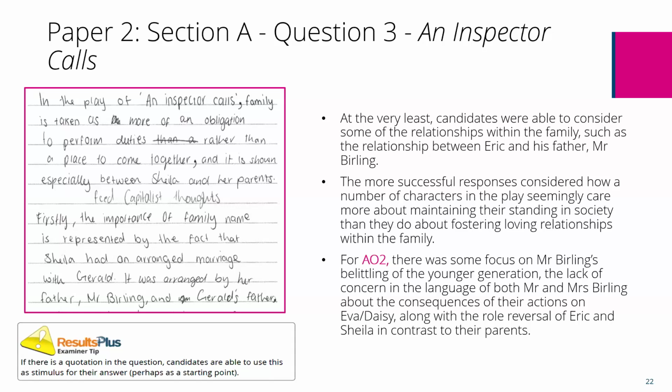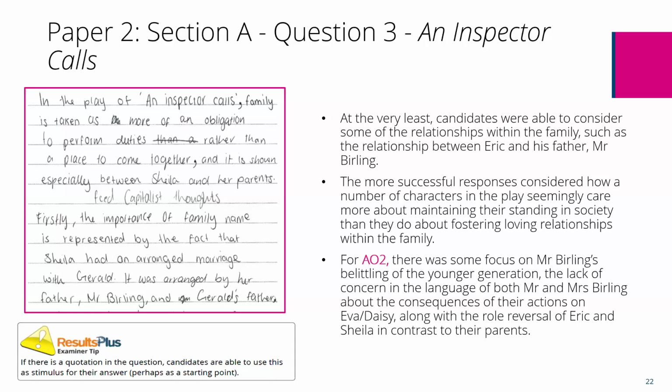The more successful responses considered how a number of characters in the play seemingly care more about maintaining their standing in society than they do about fostering loving relationships within the family. And of course, we've got the obvious older Birlings versus younger Birlings going on here. Lots of things that candidates could talk about.